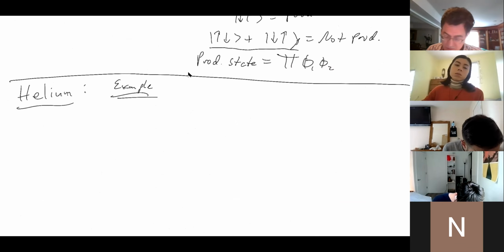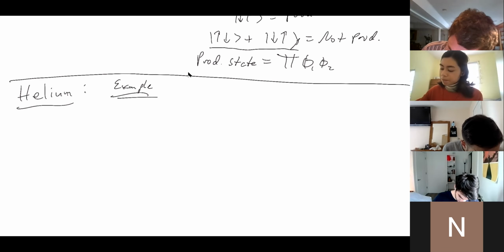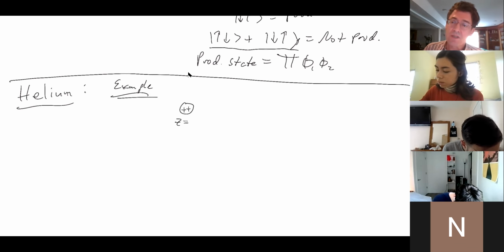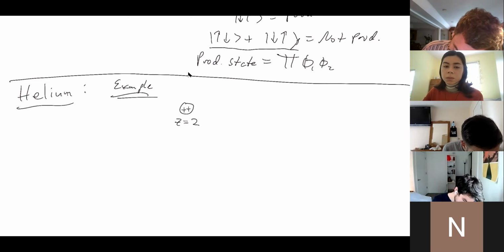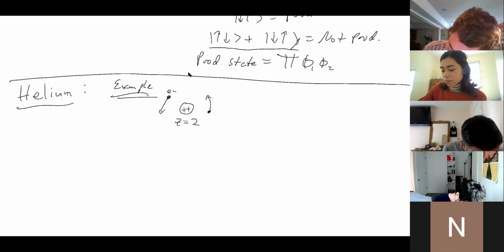Helium is this: I have a nucleus, and the nucleus has Z equals what? Somebody tell me for helium. 2. Yeah, 2. I gave it away with the picture. And then I have 2 electrons somehow orbiting that at the same time.